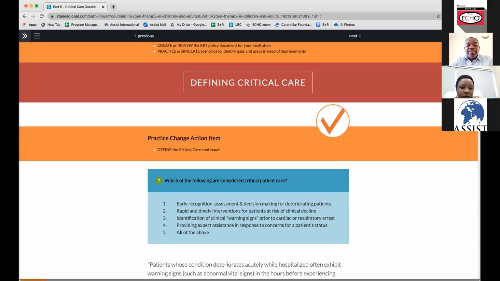Or 5, all of the above. Quick, you pick one and then you drop it in the chat, and then we continue our discussion about differences between critical care and the intensive care unit, and some more discussion to follow.